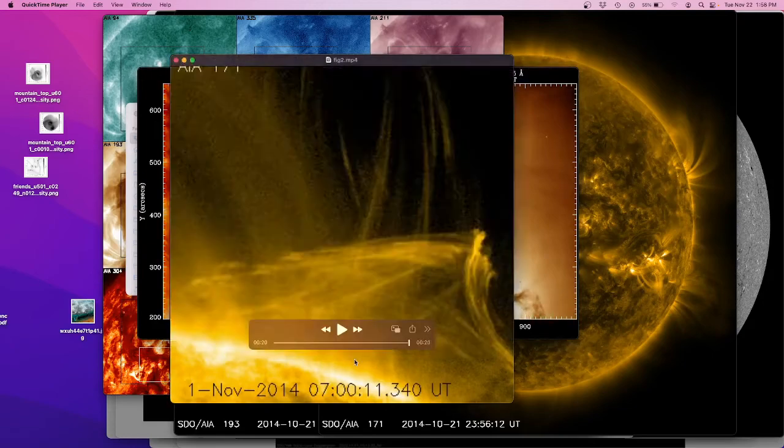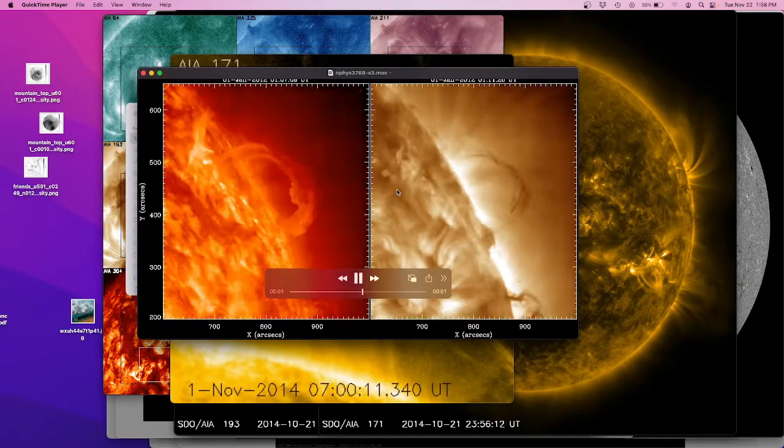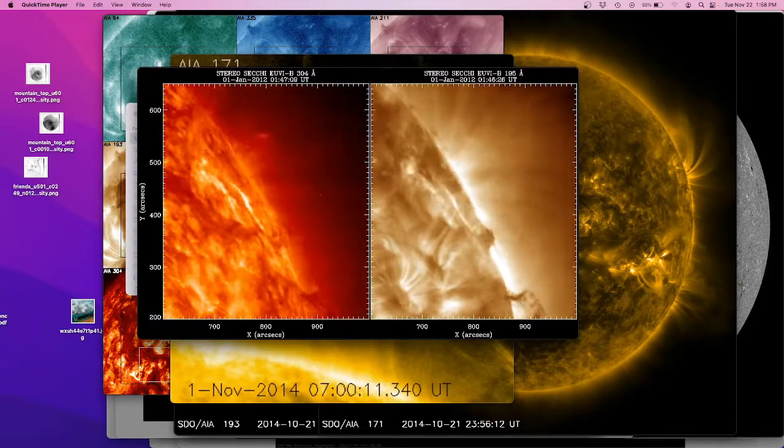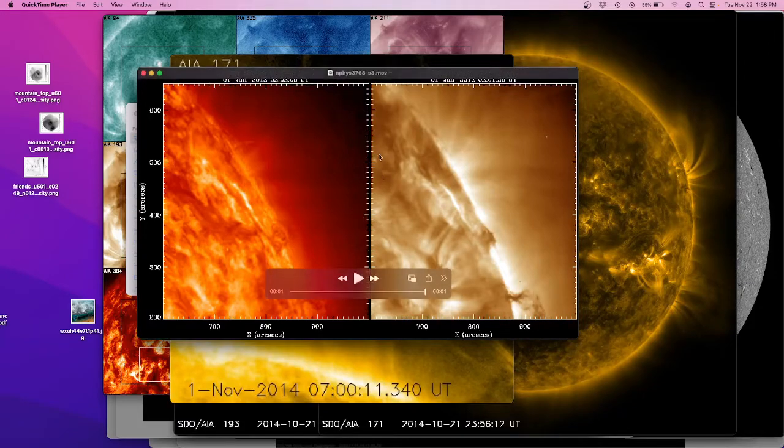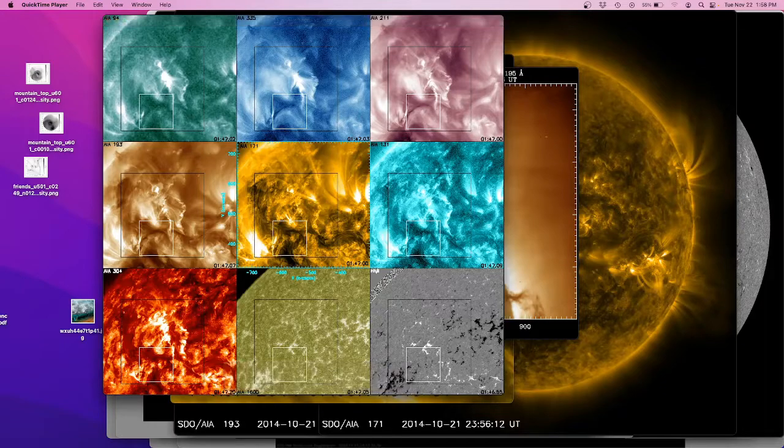I think that actually this one is a different event, but this one is the same. Bloop. So you can watch the fields show up and bloop back down. So this is from the STEREO telescope, which is pointing at the sun from the side. This is from the Solar Dynamics Observatory, which is looking face on. I guess they're both looking face on. It's round. Everywhere you're looking is face on.